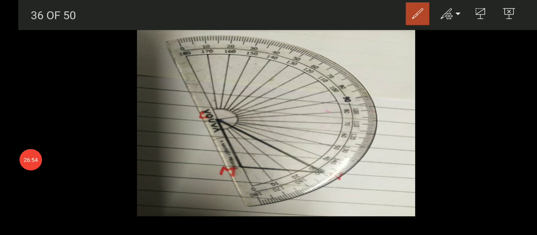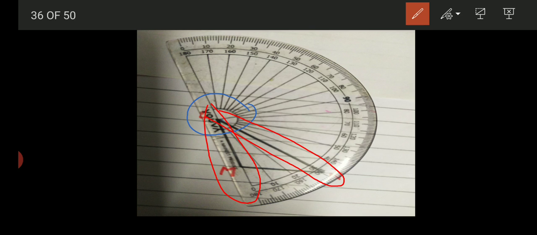In this next figure, I have again shifted the position of the protractor, and you can see I have placed the midpoint of the protractor upon point L. So I'm going to measure the angle L. One arm of angle L is measuring towards 0 degree, and the second arm of angle L is measuring exactly 30 degree.